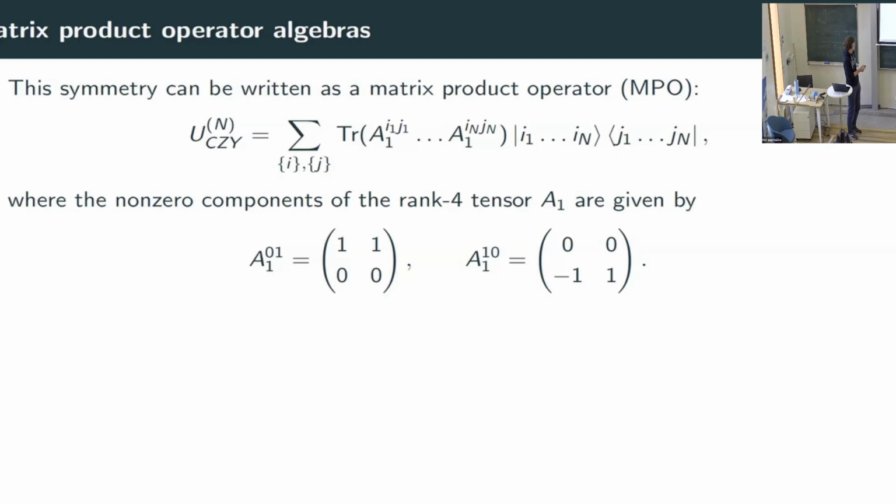So this is a basis for your domain. This is a basis for the codomain. And then this is basically just saying which matrix entry am I looking at? And then the coefficient for that is obtained by taking a trace of matrices. That's why it's called a matrix product operator. So it's an operator that's expressed as a product of matrices.